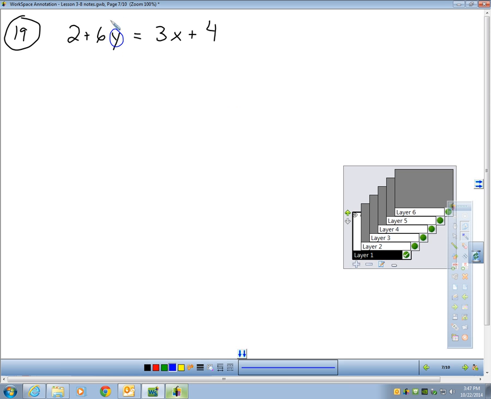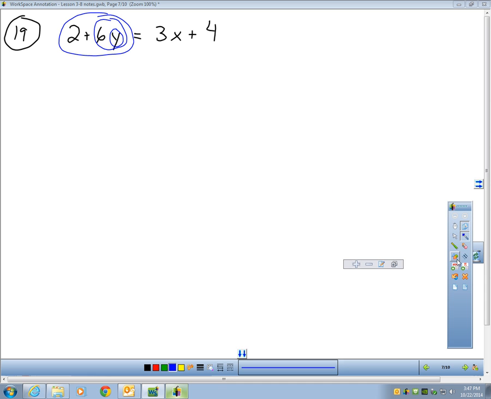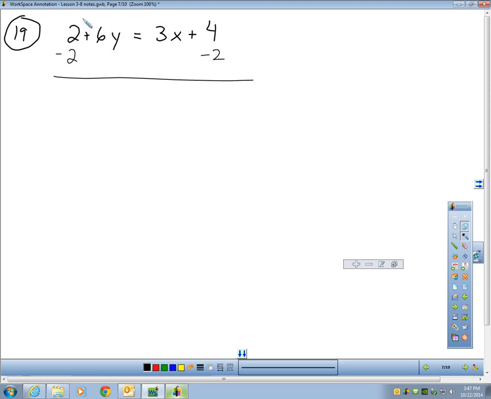Center, next layer, times 6, outside layer plus 2. I got to get rid of the plus 2 first. So let's get rid of that by subtracting 2. So I subtract 2. That's the subtraction property of equality. I get 6y on the left, and I have 3x plus 2, 4 minus 2 is 2 on the right.